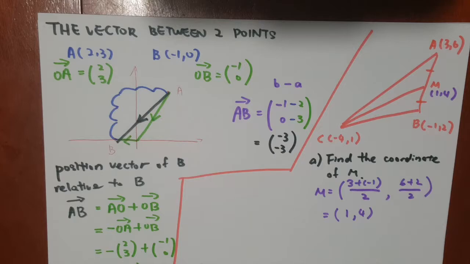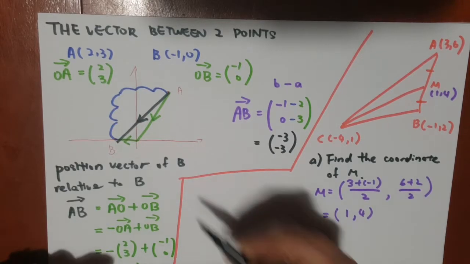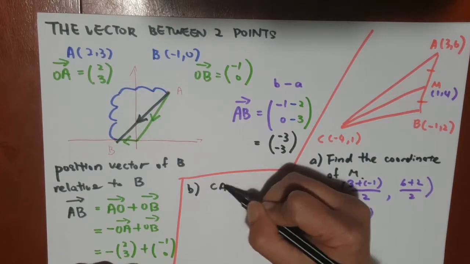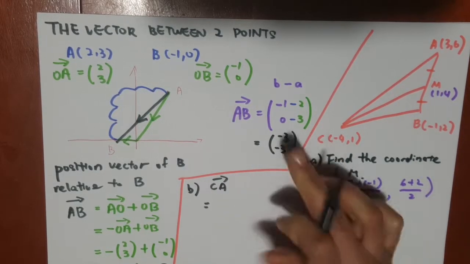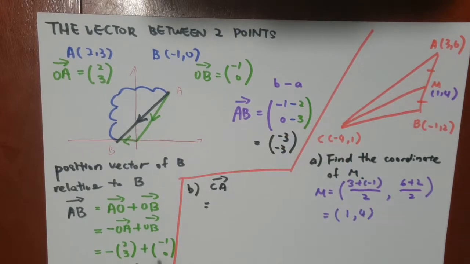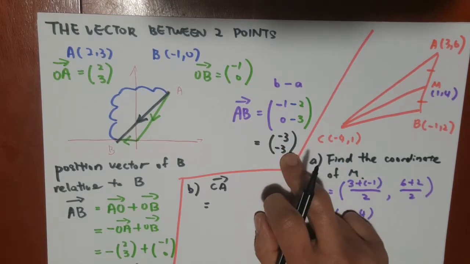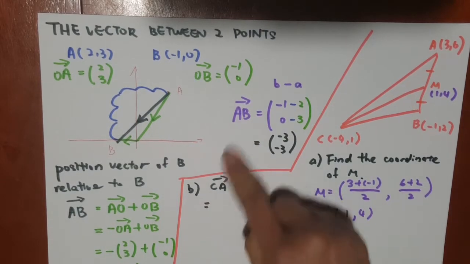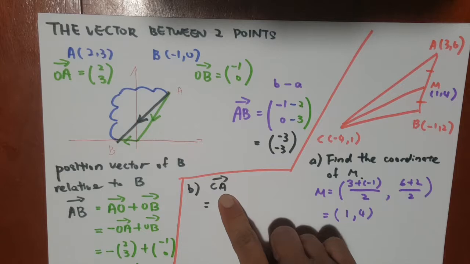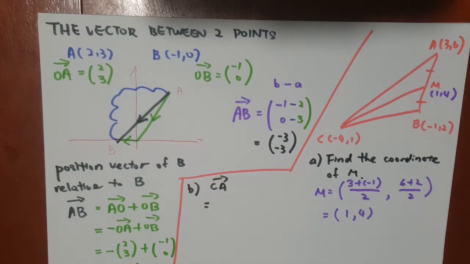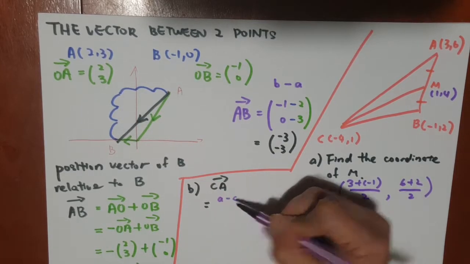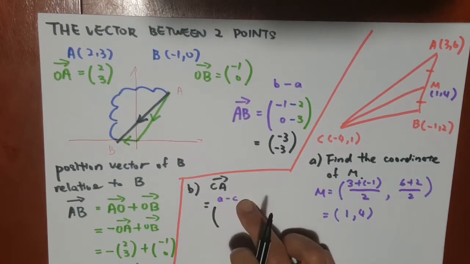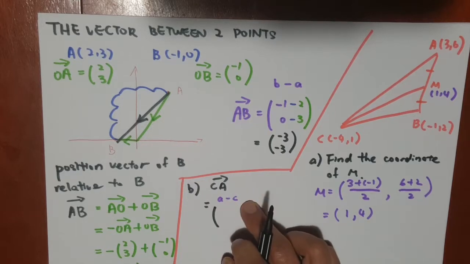If we have to find the vector, let's say question B, find the vector CA. How do we do that? From what we have learned just now, you can either do it the long way, but I'm doing the shortcut right now. For CA, you take the letter at the back first, so that's A take C. You don't have to write this when you are solving, but this is just as a guideline.